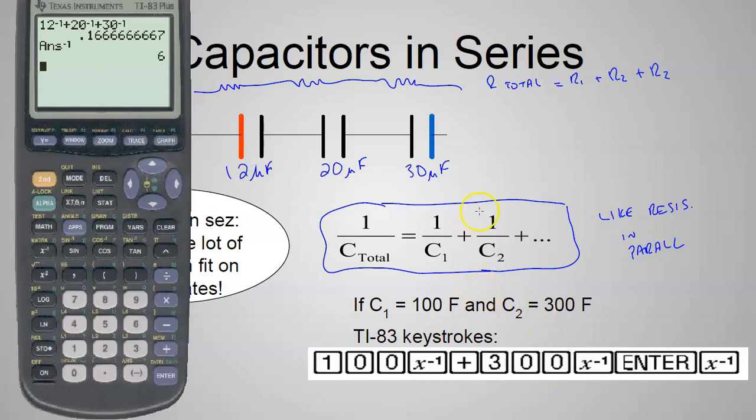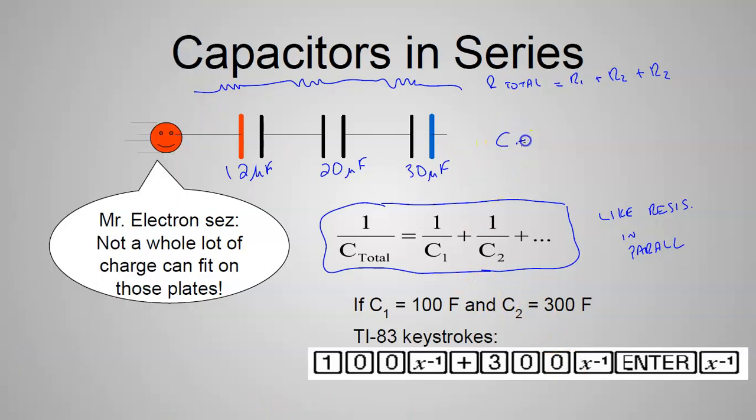So for this way of putting it up, C total equals 6 microfarads. Now notice that on the calculator I left off microfarads and then I put it back on. That's fine to do as long as they're all the same unit. If you had millifarads and microfarads, I'd get them all to 1 unit, maybe even farads, and then figure out what you want to do with it.